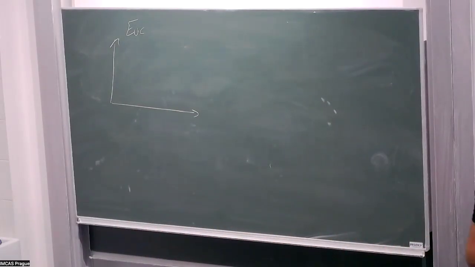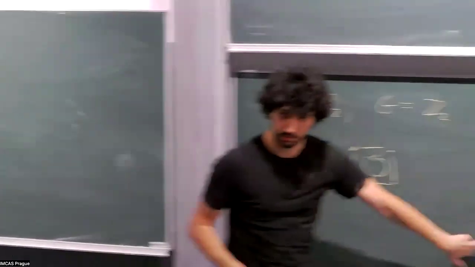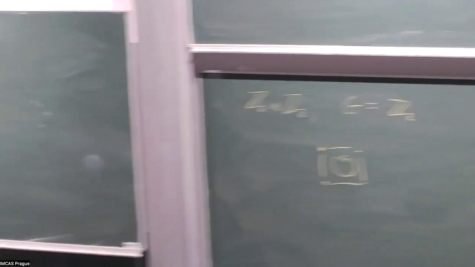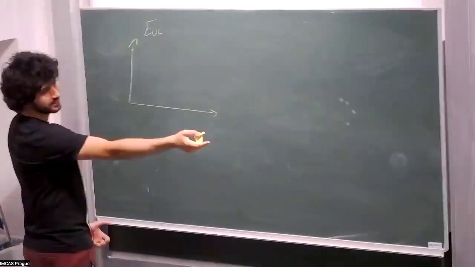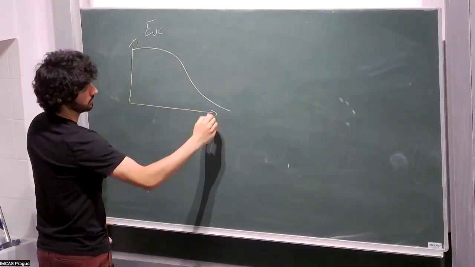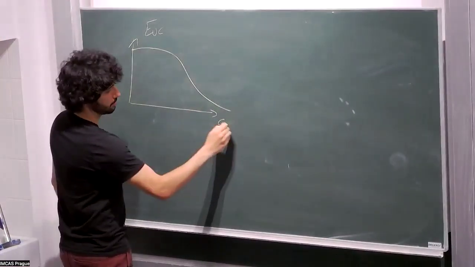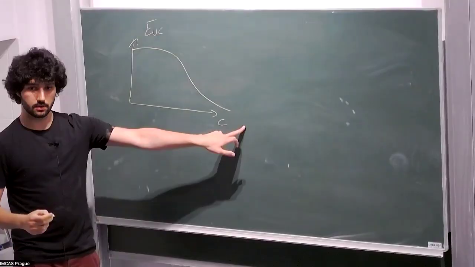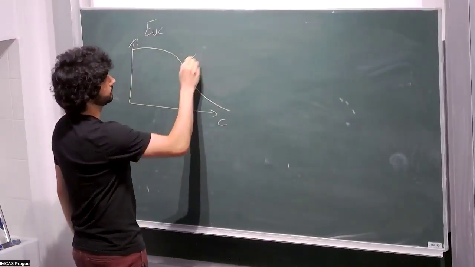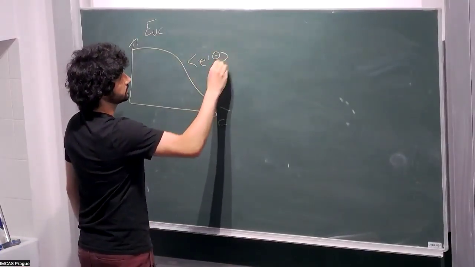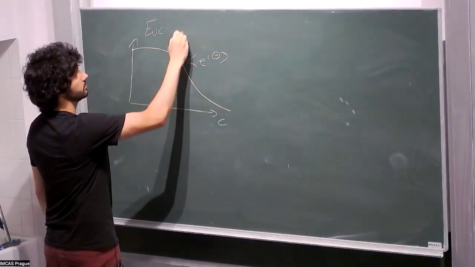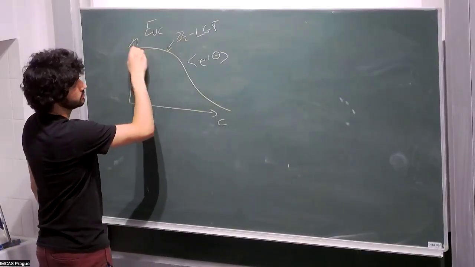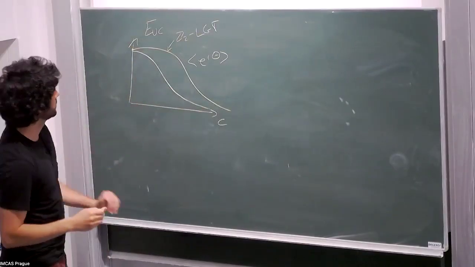And we look at the expectation value of these 3 theories, which we can. We'll get that the expectation value for the Z2 lattice gauge theory starts here and then goes to 0. This is with respect to the coupling. So this would be the weak theory limit, and this is the strong theory limit. So here I'm showing this would be for Z2 lattice gauge theory. And then for the U1, it would go a bit slower, but still the same shape.